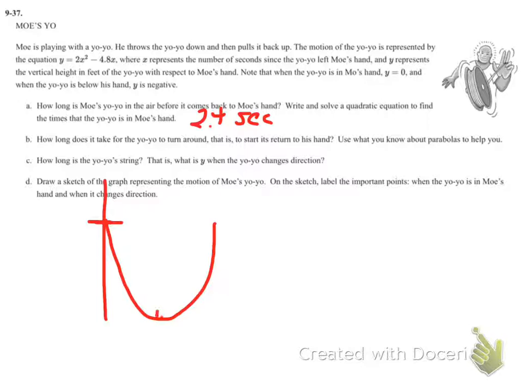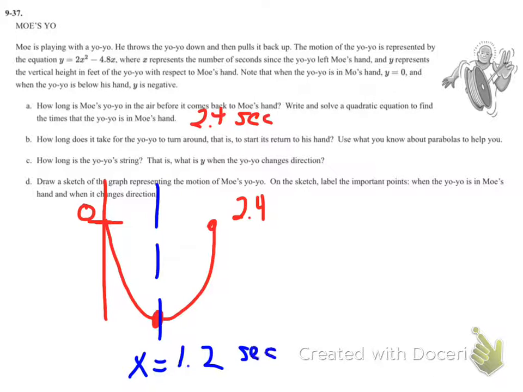So we want to know when it is turning right here. If this is at 0 and this right here is at 2.4, our line of symmetry would be the spot where it would turn back up, which is halfway between 0 and 2.4. So halfway between those will be an x value of 1.2 seconds.